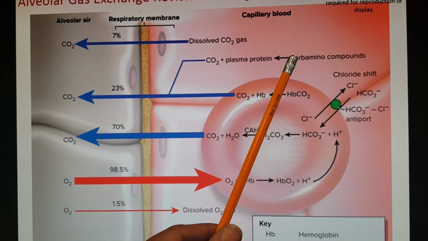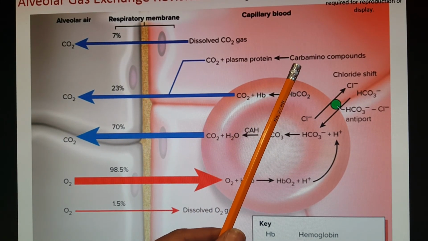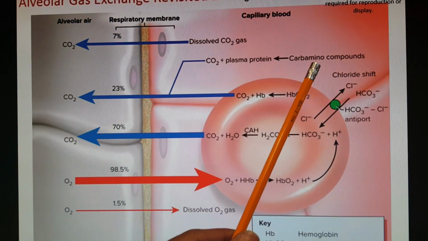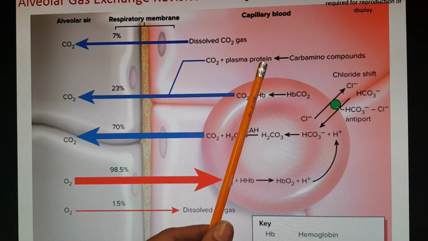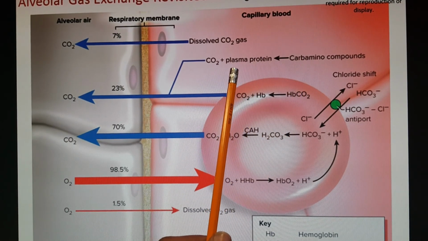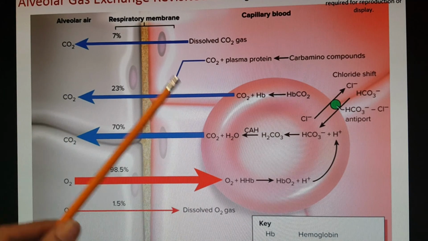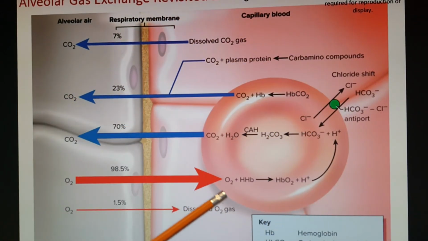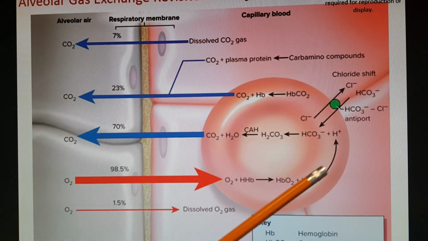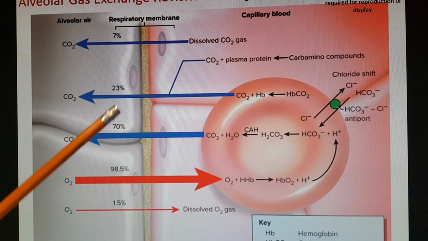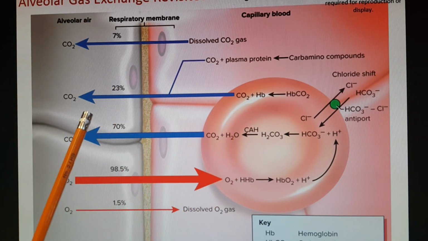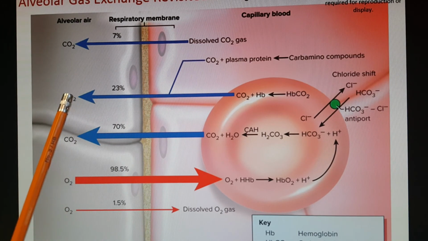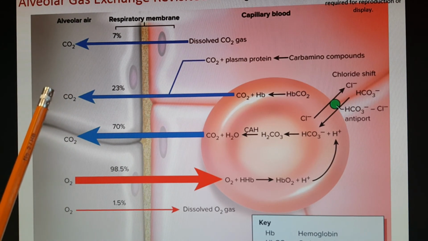For your carbamino compounds, so carbon dioxide bound to a protein, the carbon dioxide is released from that since you have a higher concentration of carbon dioxide in the capillary blood and less partial pressure of carbon dioxide in the alveolar air, driving that carbon dioxide to the alveoli.